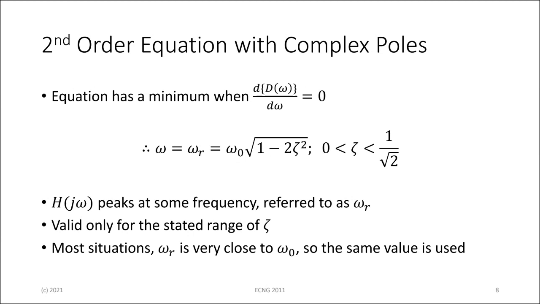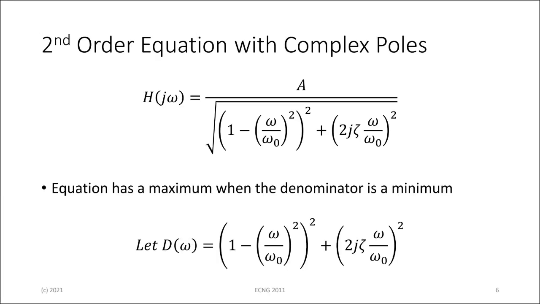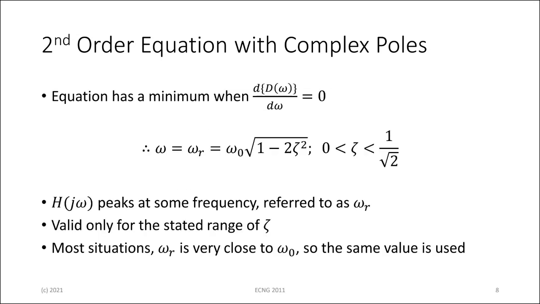So omega r is this. Omega r over omega naught will be the square root of 1 minus 2 zeta squared.